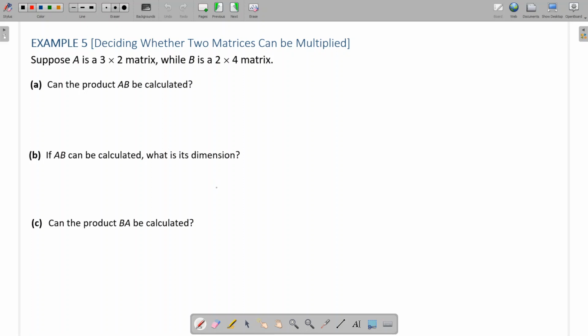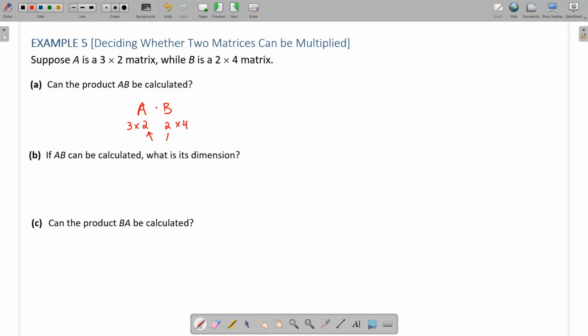Okay, so let's try using some of these properties. Let's first just talk about when matrices can be multiplied or not. Suppose I give you a 3 by 2 matrix and I give you a 2 by 4 matrix. The question is, can you multiply them? Well, let me just write this out. We got an A times B, put the dimension below it here. That's a 3 by 2. This is a 2 by 4. Can we do that product?